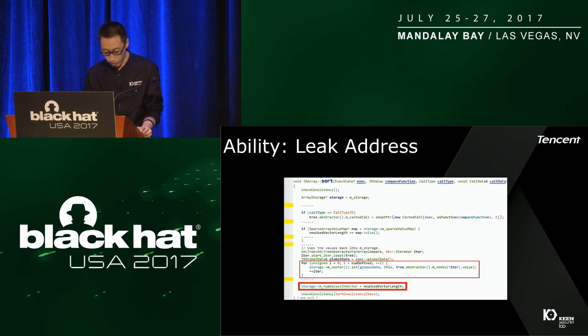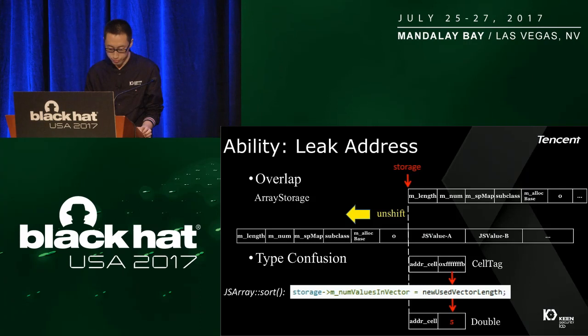The storage is used in two places after the compare function is called. First, let's focus on the second place. The variable newLength uses the vector length with respect to the original storage structure, and we can use it to leak some addresses.